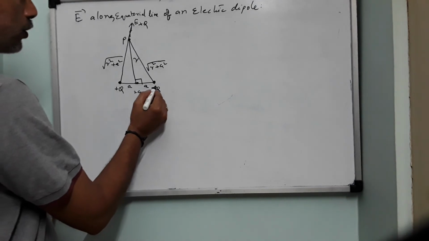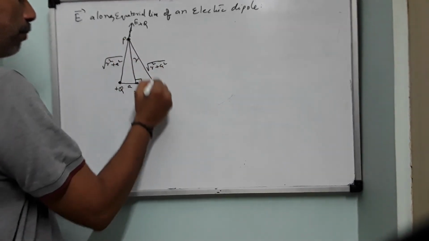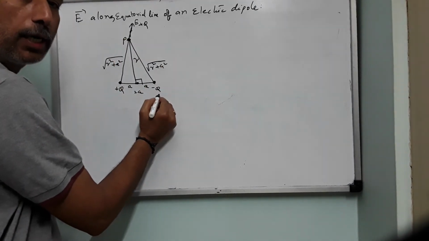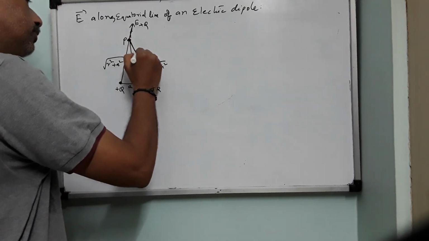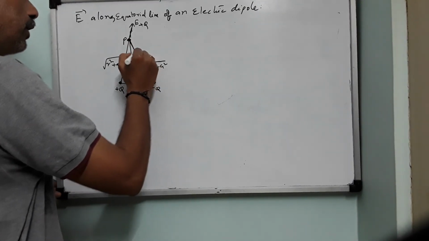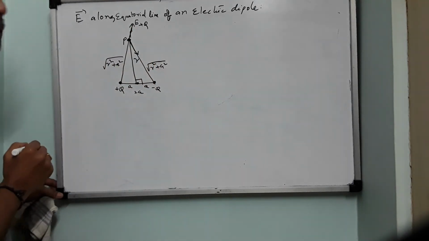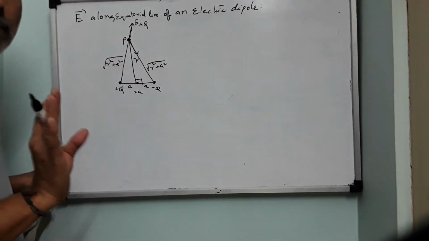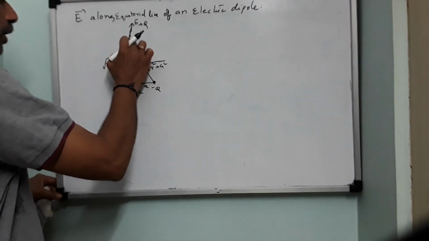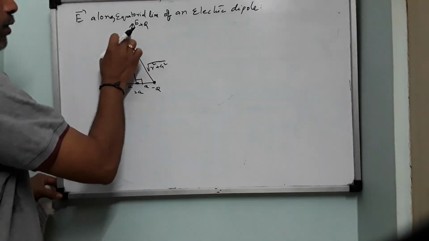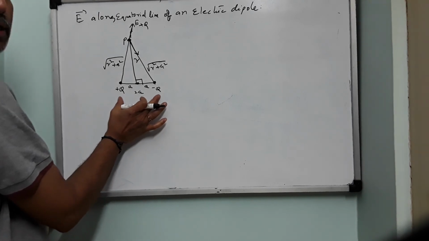Then this is minus Q. At point P, minus Q also simultaneously will produce an electric field but radially inwards. So this is radially inwards. Should I draw this vector bigger or smaller as compared to E due to plus Q? I should draw equal lengths, because however far minus Q is located from point P, plus Q is also located at equal distance, and these two have equal magnitude.